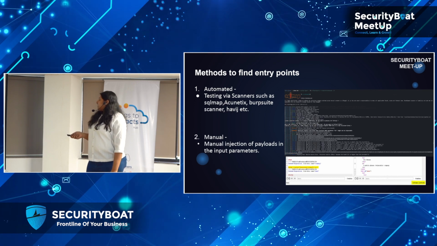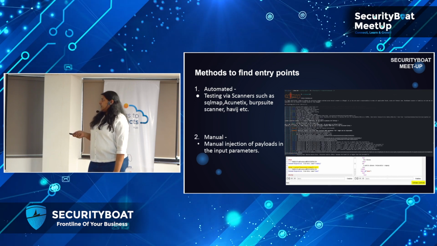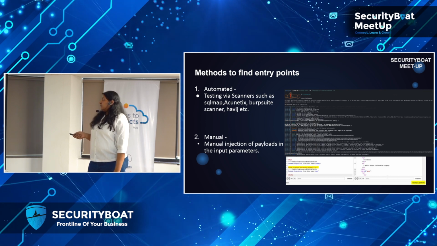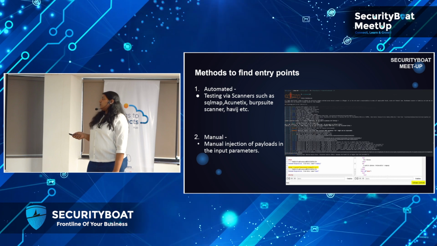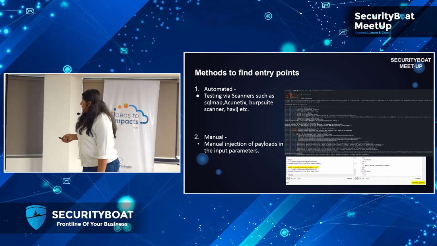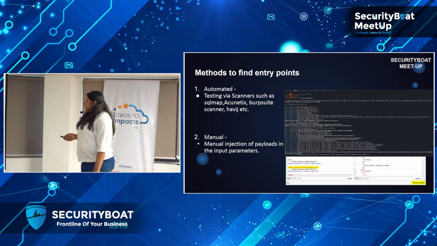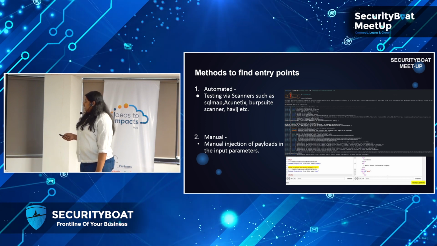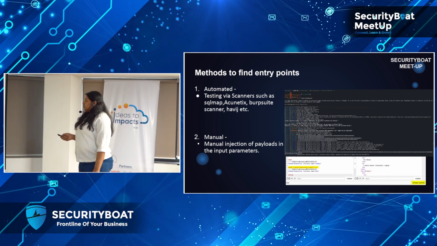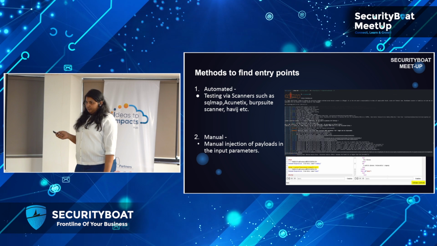So here I have just taken the example of SQLMap, where I have stored the POST request in one file, and I have provided it to SQLMap to identify the vulnerability. Again, if you can see, I have provided the database information as well, which seems to be Oracle in the backend.